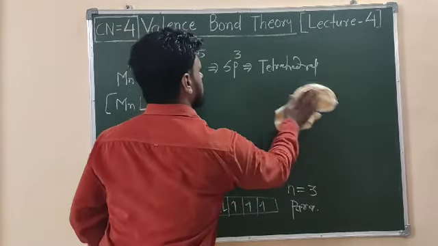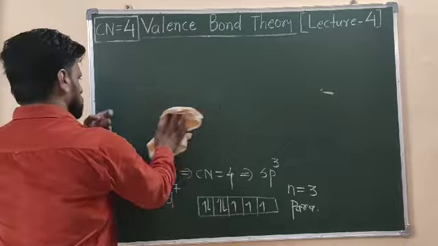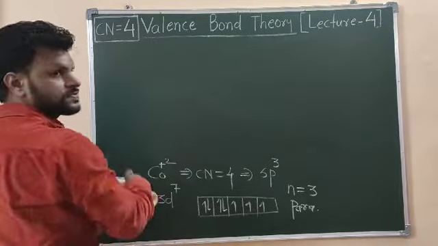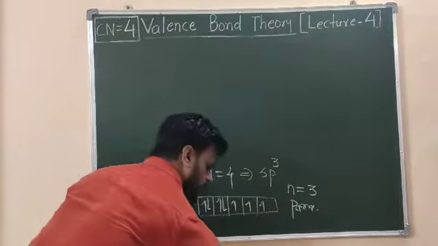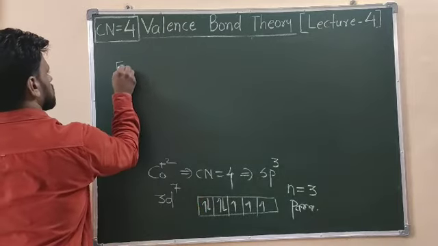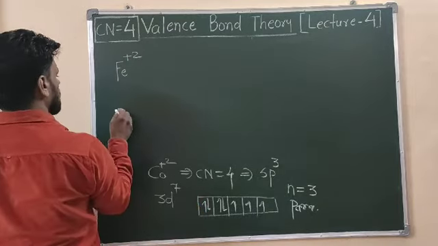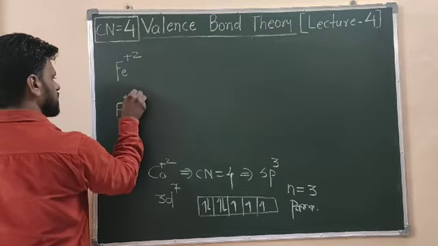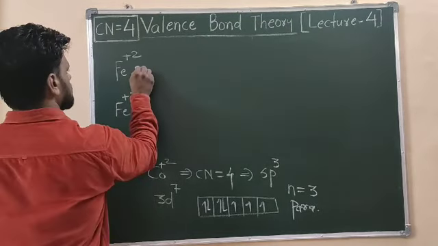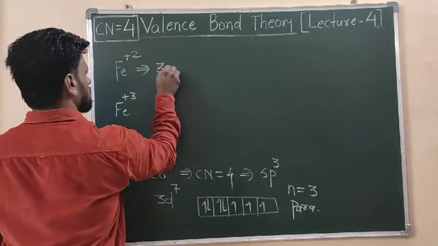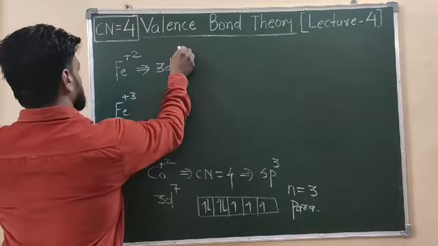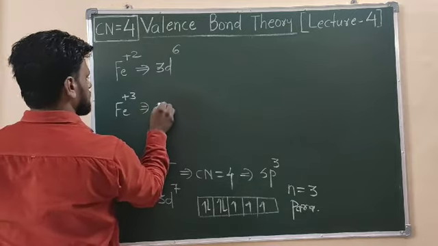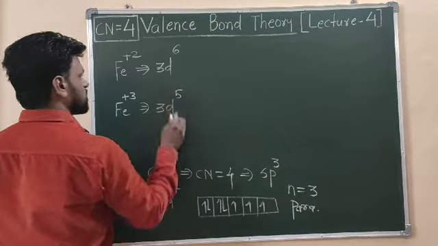Furthermore, you should know that iron plus 2 as well as iron plus 3 also show coordination number 4, and we have a 3d6 system for iron plus 2 and a 3d5 system for iron plus 3.